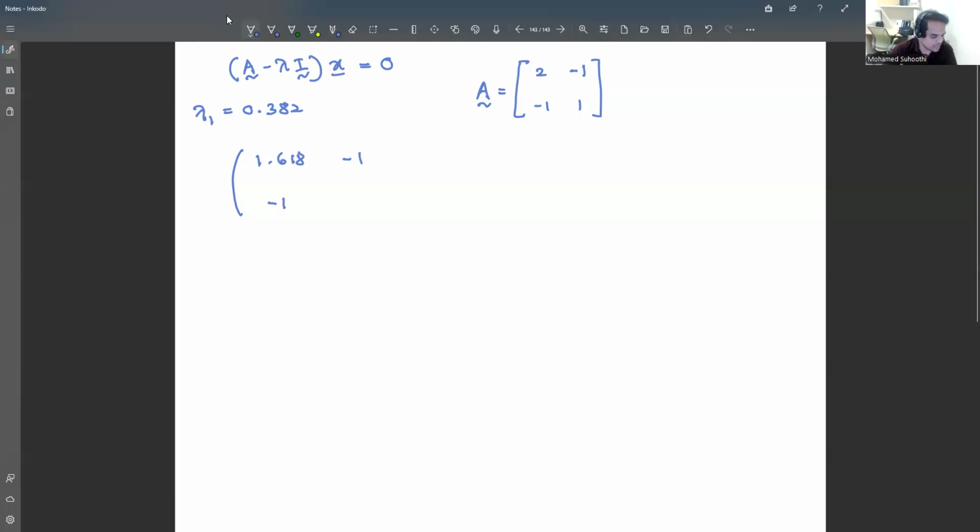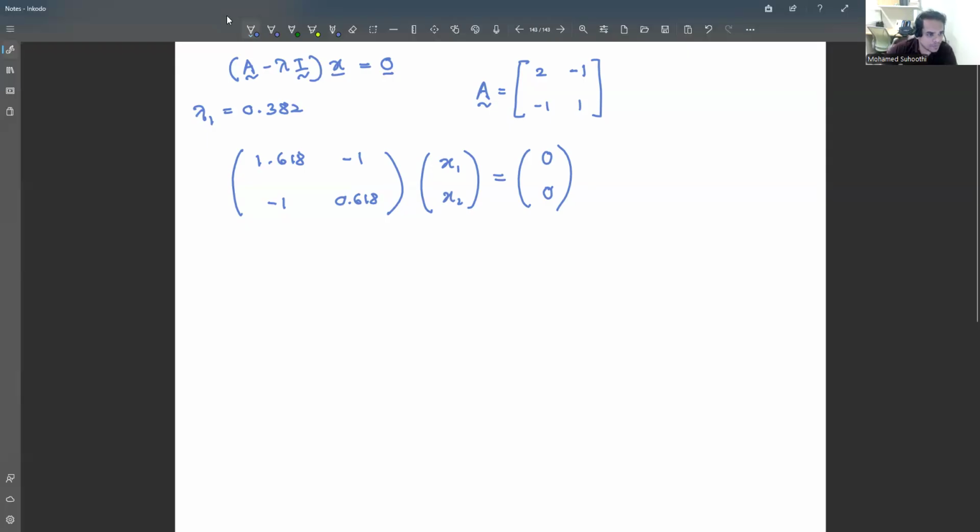This will be minus 1, and this is 1 minus 0.382, 0.618, into vector x, x1, x2, equal 0, that means 0, 0 is the zero vector.